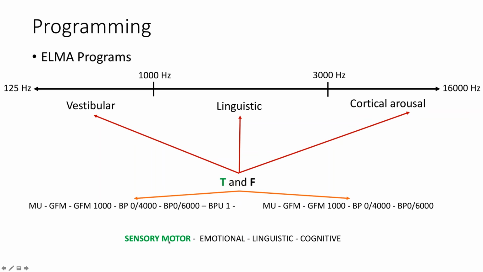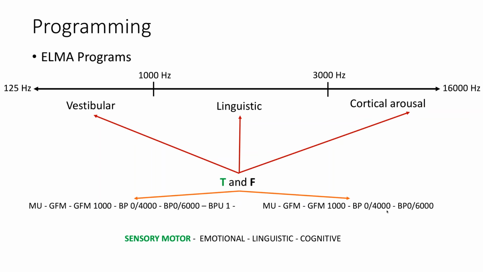And they both cover sensory motor, emotional, linguistic, and cognitive. So they cover all the areas of the listening test. So you see, the music of the T is this one, the music of the F is this type of music.